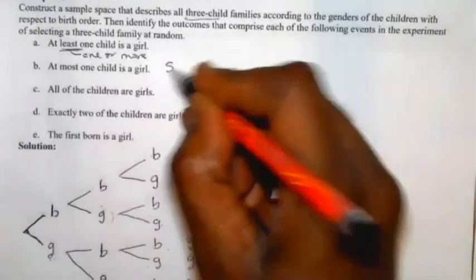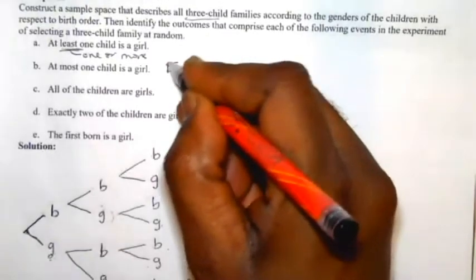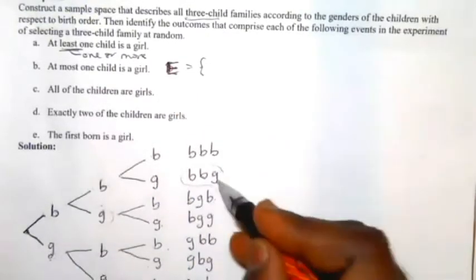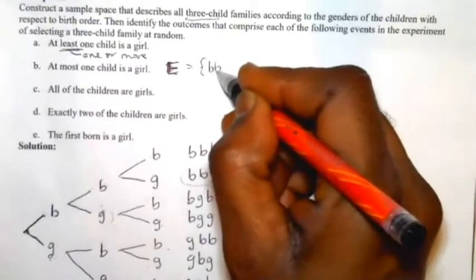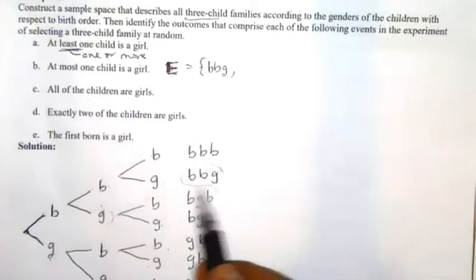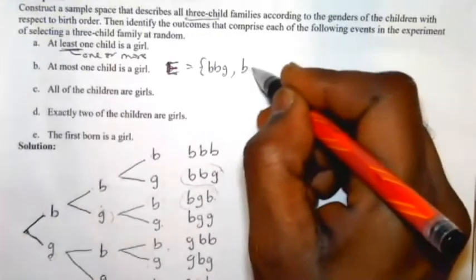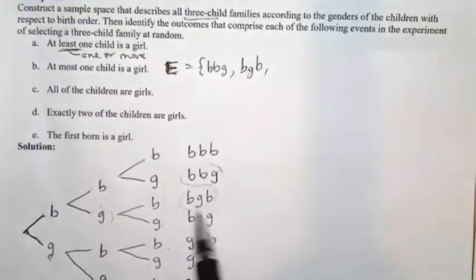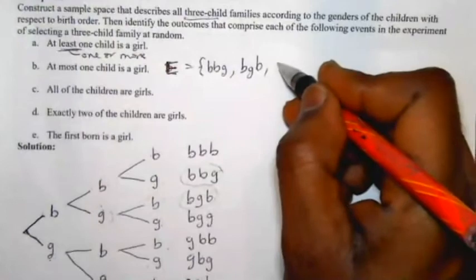So the event you're interested in is B, B, G. That's one. Then you have B, G, B. What else? If you look here, at least one, so this is also part of it.